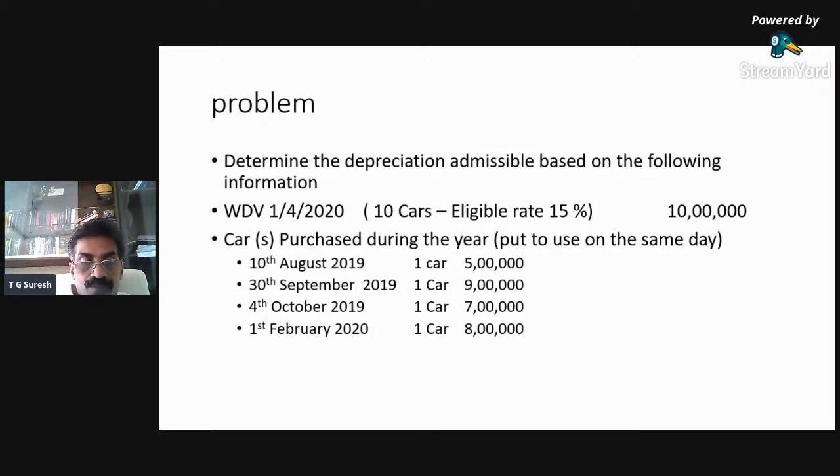So on block one, you should get 7,50,000. 825 from Padmavati.